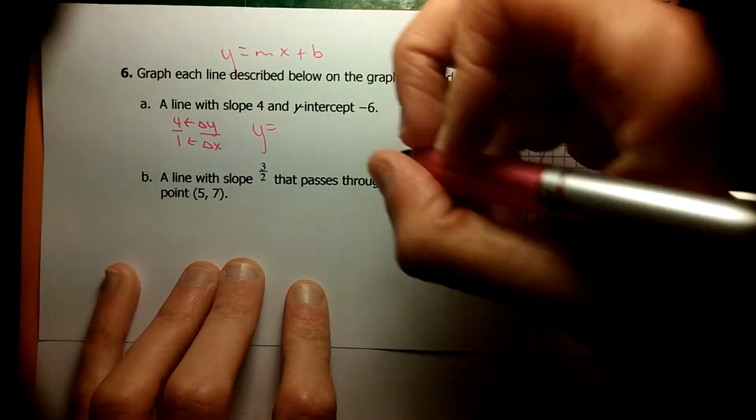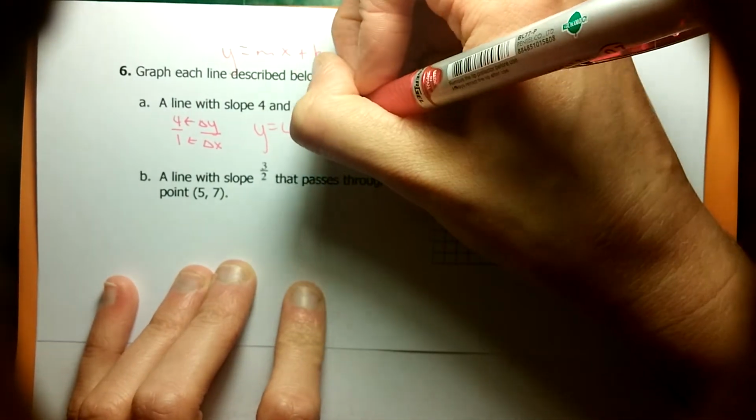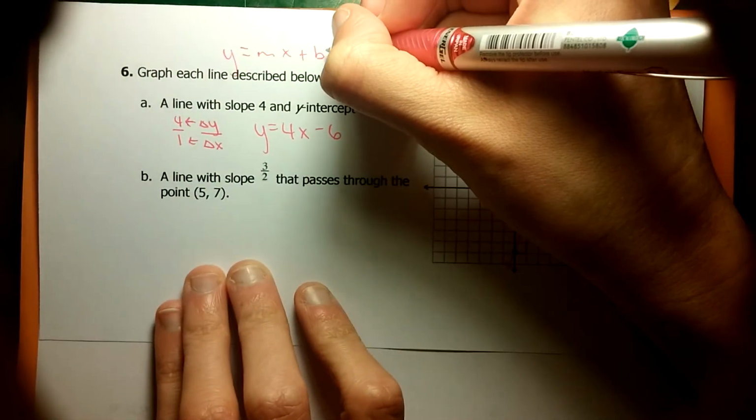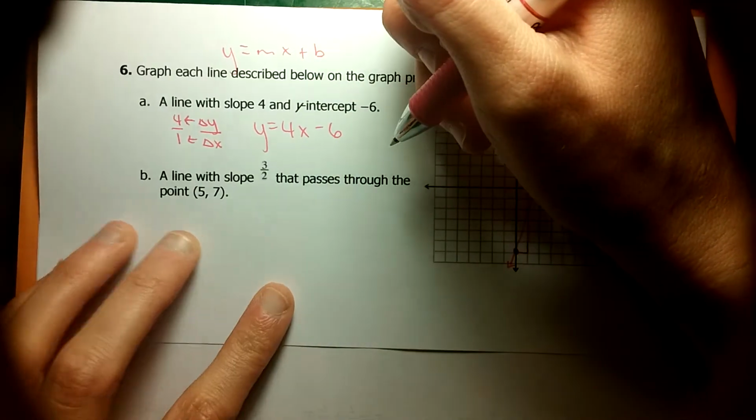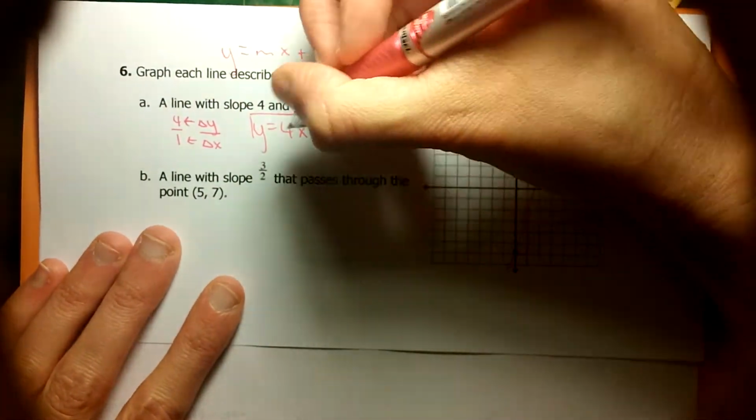So I'm going to put in that my slope is 4 and my y-intercept is -6. Adding -6 is the same as subtracting 6, so that is my equation for that line: y equals 4x minus 6.